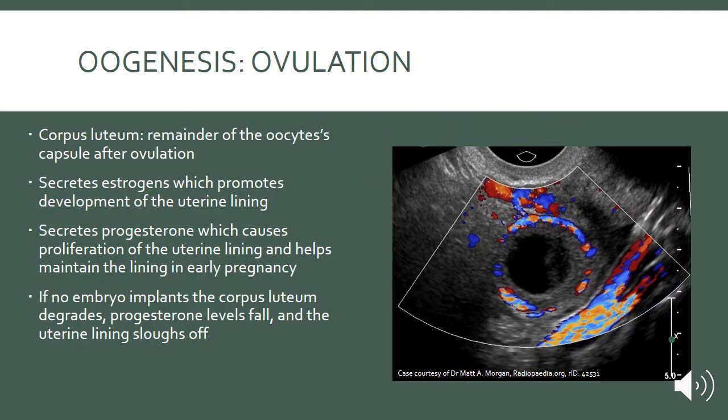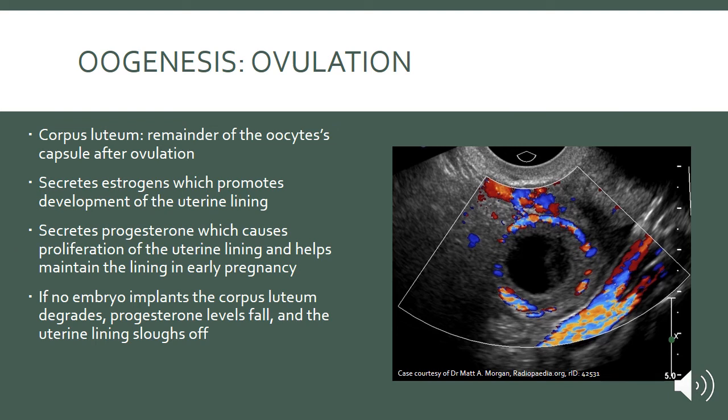Okay, now the follicle that the egg hatched out of when it was released into the oviduct is now called the corpus luteum, and it's still important because it's secreting hormones, estrogen, that are going to promote development of the uterine lining and its continued growth and maintenance. So they keep that lining ready for potentially a future baby.